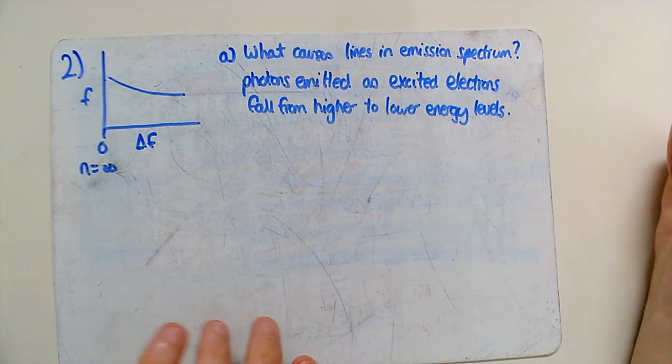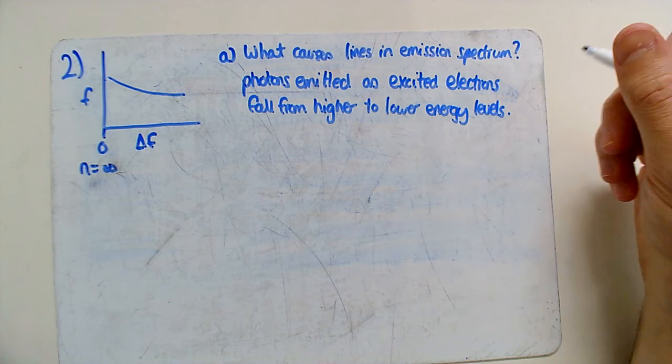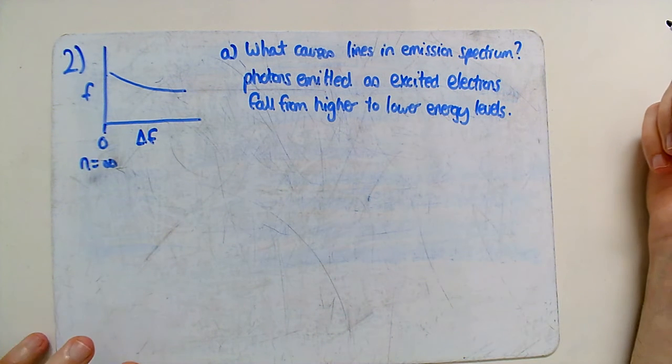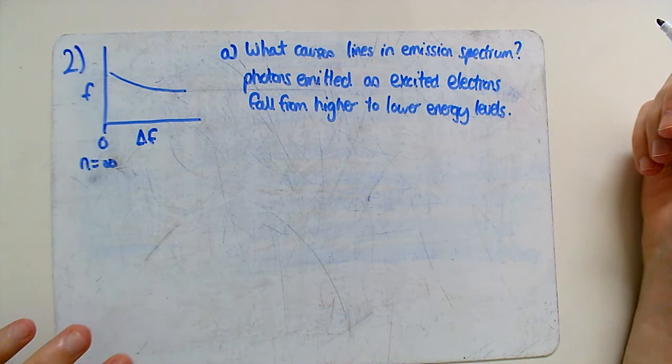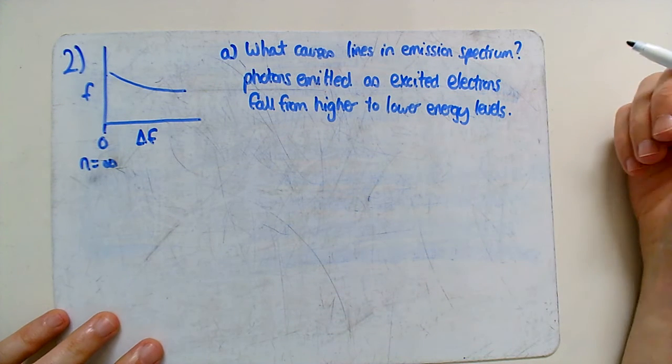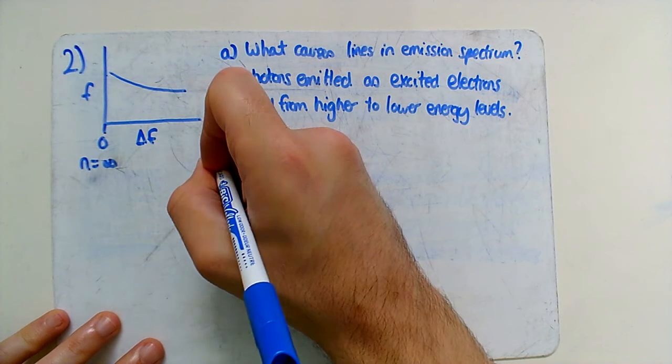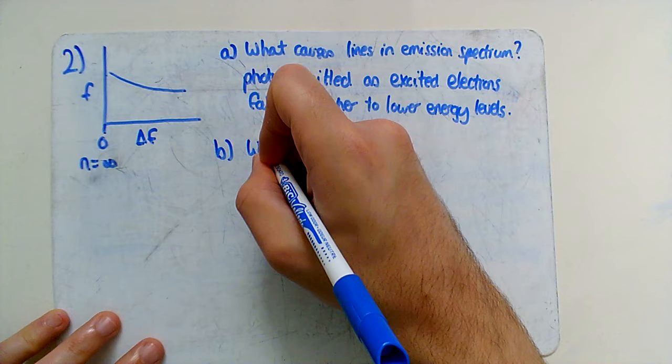Doesn't have to be falling to the ground state, just a lower energy level. If you said ground state, you'd probably get the mark, but it's more exact to say just to a lower energy level. Now the second question was, why a continuum?